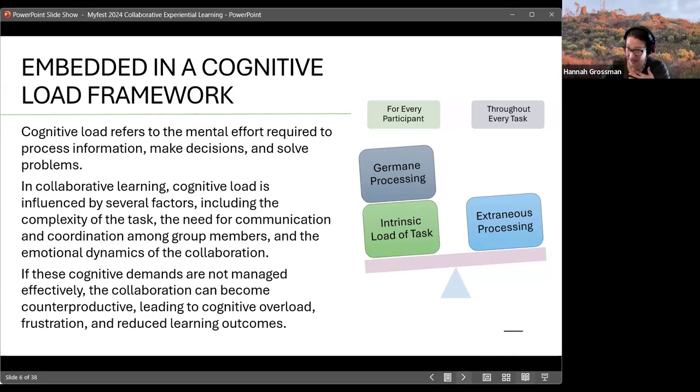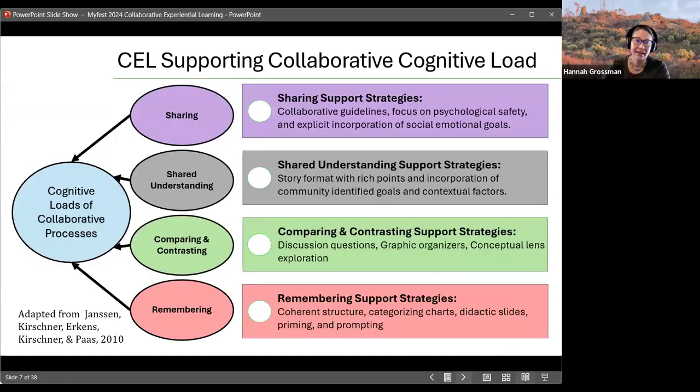So I'm taking this cognitive load framework a little deeper, and I'm talking about work especially associated with collaboration. These are cognitive loads that are intrinsic to a collaborative task.